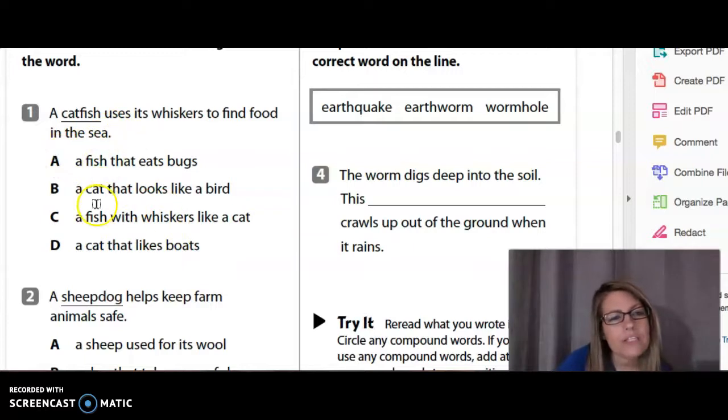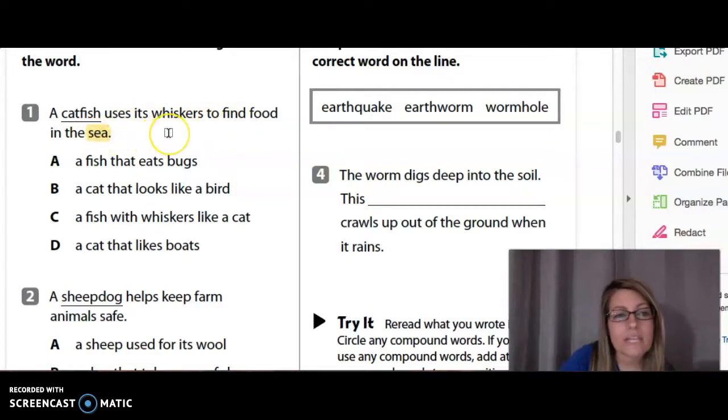Well, when I look at these choices, the only two that actually have the words cat or fish in them are a fish that eats bugs. No. A cat that looks like a bird. A fish with whiskers like a cat. Well, it says something about using its whiskers to find food in the sea.